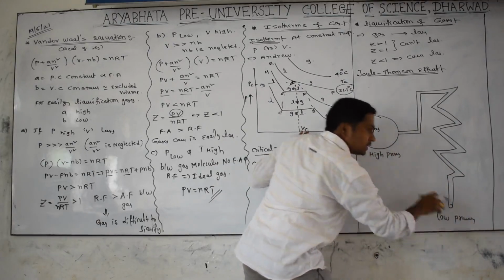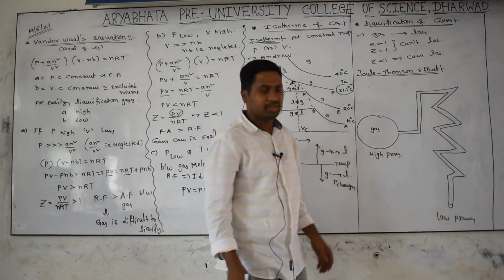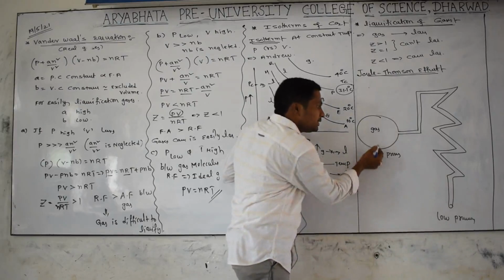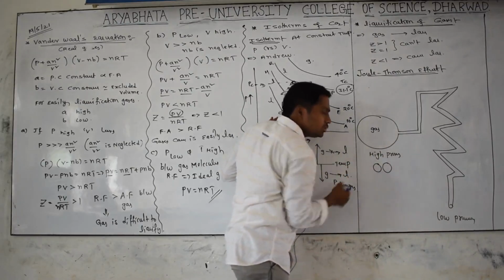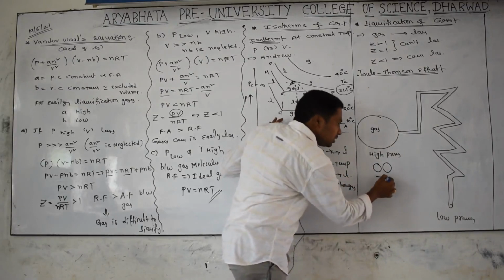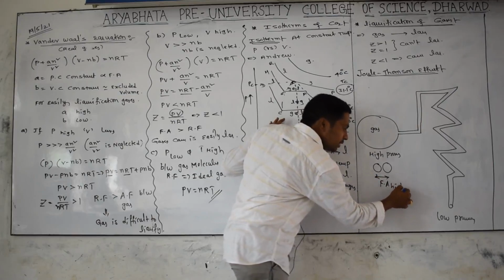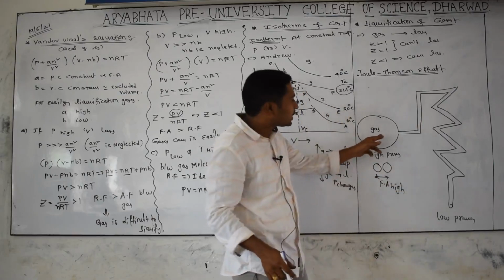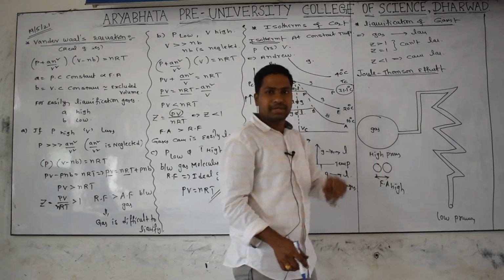While sending gas from the high pressure region to the low pressure region, what change comes? The gas is sealed at high pressure, so the gas molecules are very close to each other. Very close means the force of attraction between the molecules is very high. But the gas is moving from high pressure region to low pressure region.